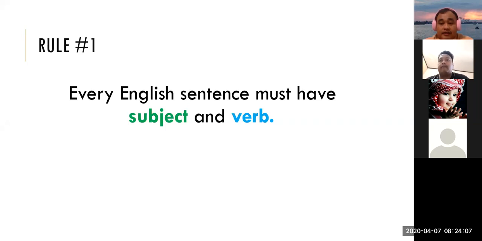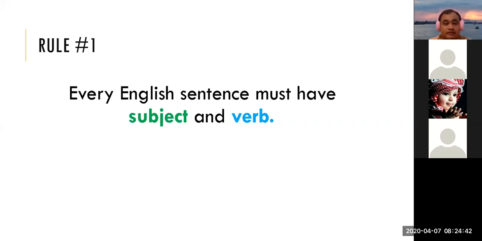Why is it important to discuss subject and verb? Because in the TOEFL test, with this one rule, we have to be able to identify the subject and verb. When we are able to identify them, we are more likely to answer all the questions.